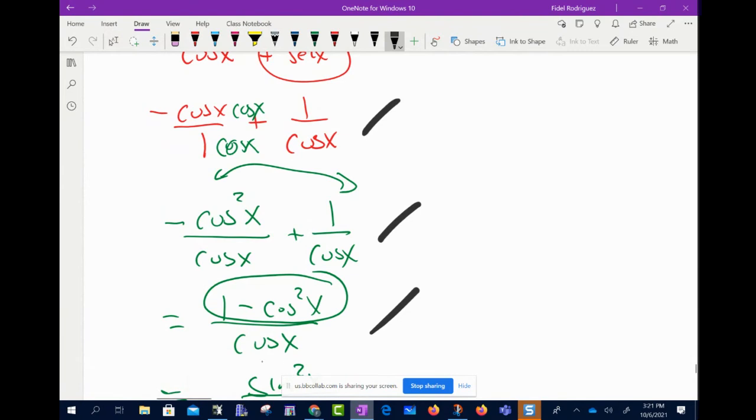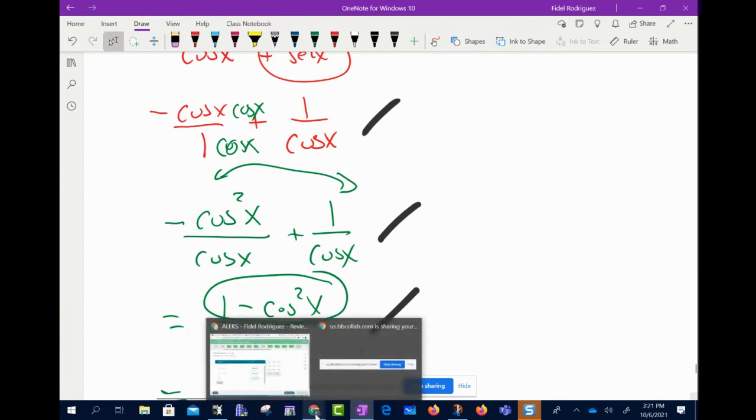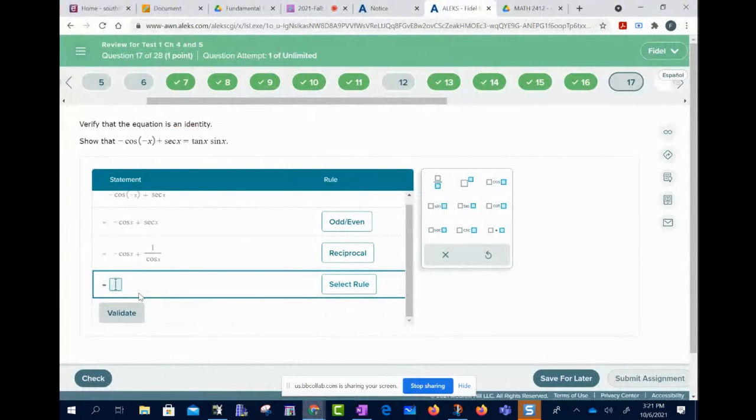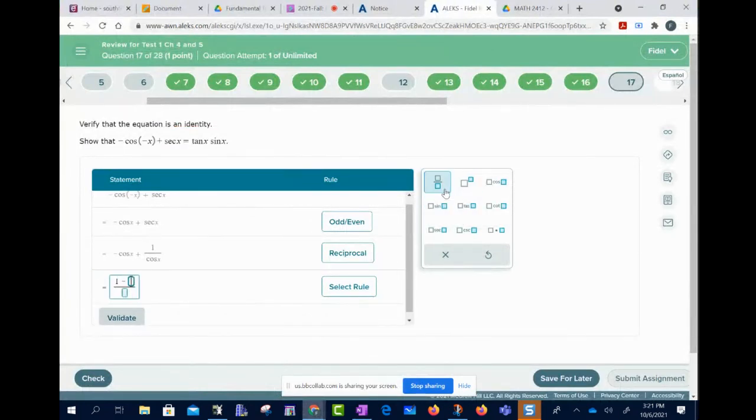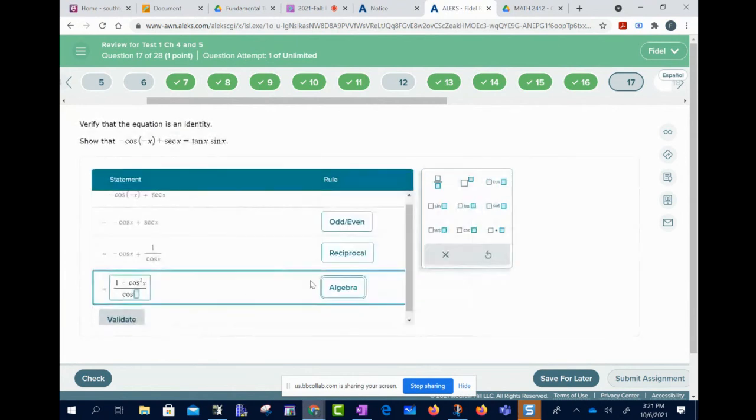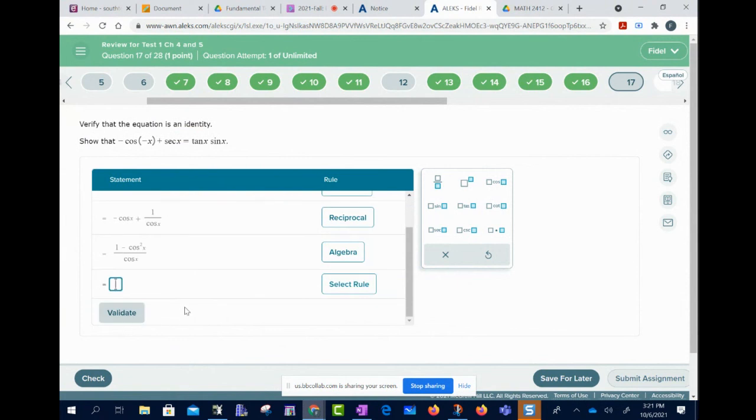What I would probably put is something like this one here, 1 minus cosine squared over cosine x. So I'd put 1 minus cosine squared of x over cosine x, and this is algebra, right? Okay, validate it, good.